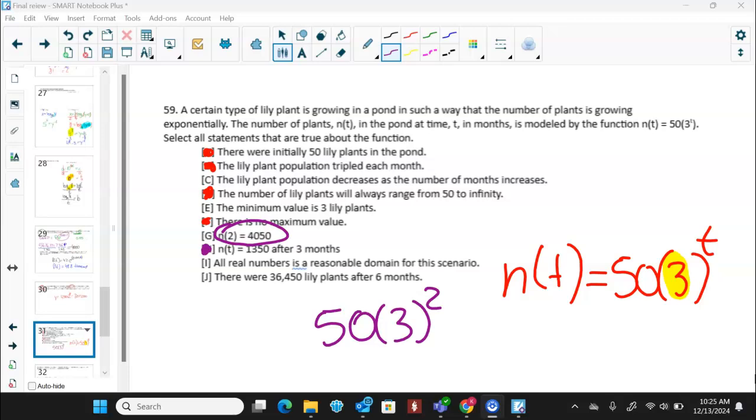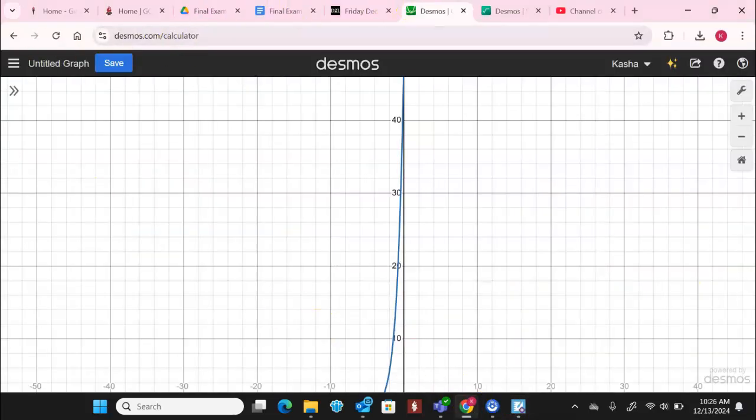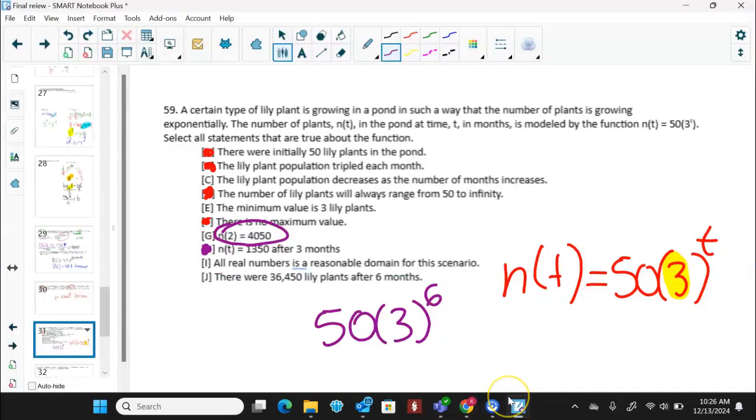Okay. And then the last one, J, there were 36,450 lily plants after 6 months. Again, we'll plug it in and put 6 in here and then plug it into our graphing calculator. And 36,450, that matches the answer. So that is also a correct statement. So you got A, B, D, F, J, K. Okay?